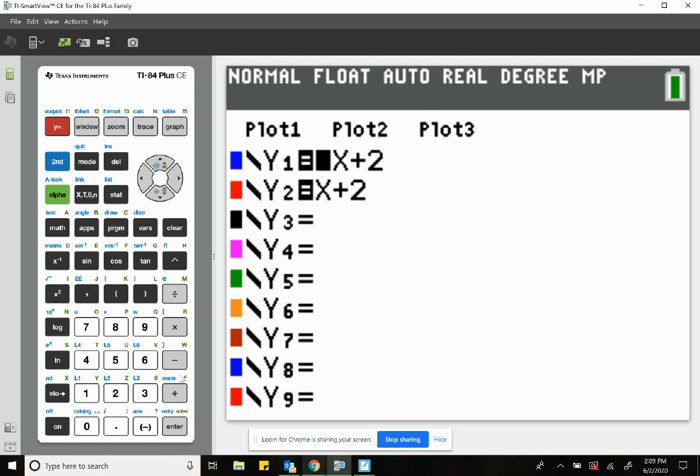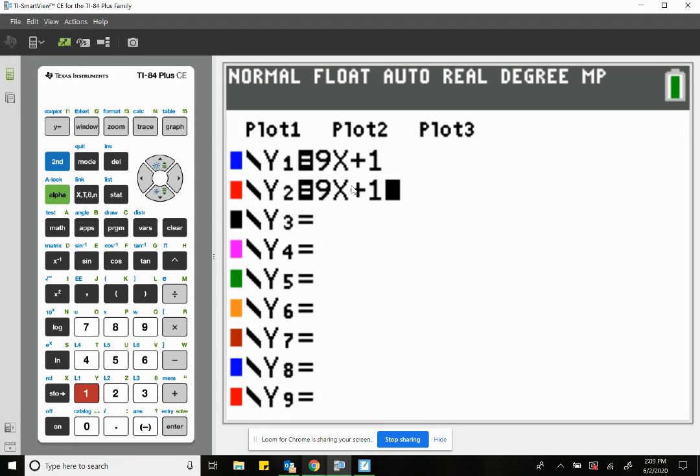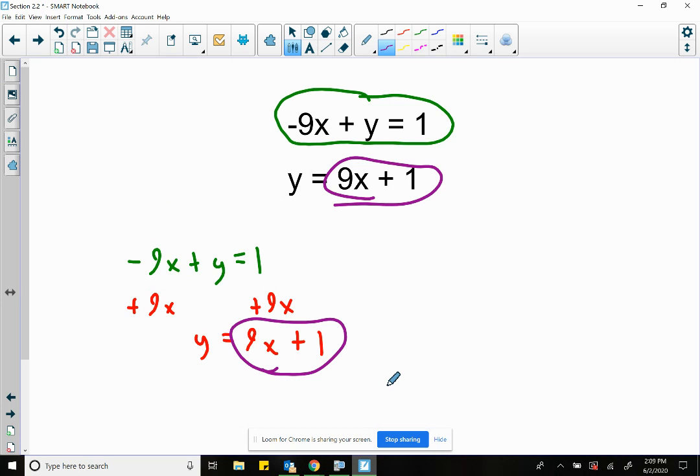So if I go to the calculator and I push 9x plus 1, and then 9x plus 1, hopefully you realize, oh, these are both the same, which means that the answer really is an infinite solution. The answer is infinite solutions. So from negative infinity to positive infinity.